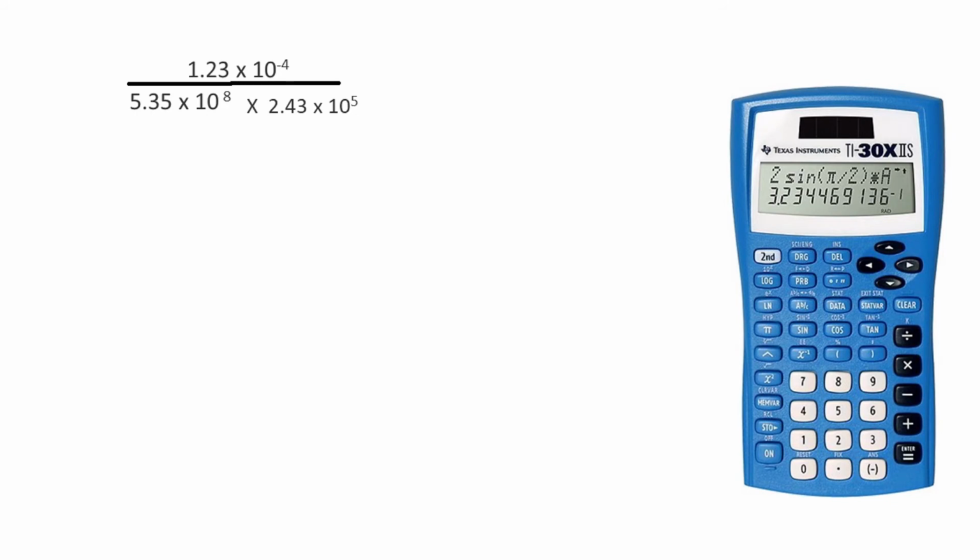Let's do a little bit more complicated example. In this example, we have a numerator 1.23 times 10 to the negative 4. And in the denominator, we have these two numbers that we are multiplying. So let's see how to enter these numbers in the calculator.